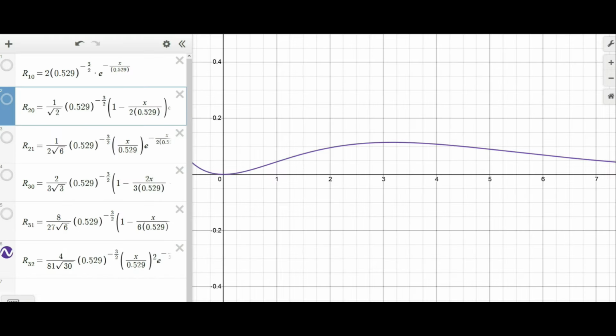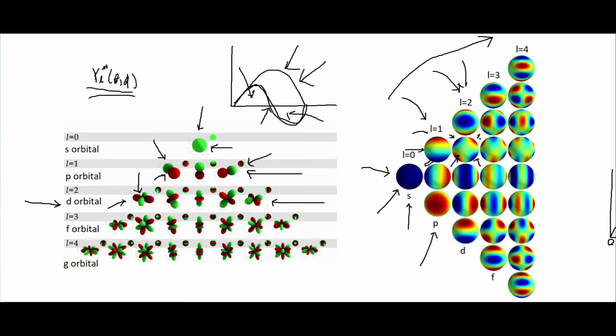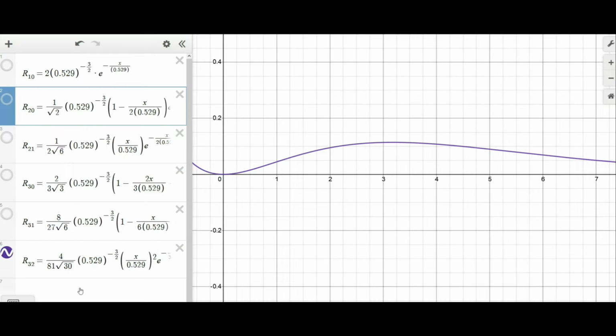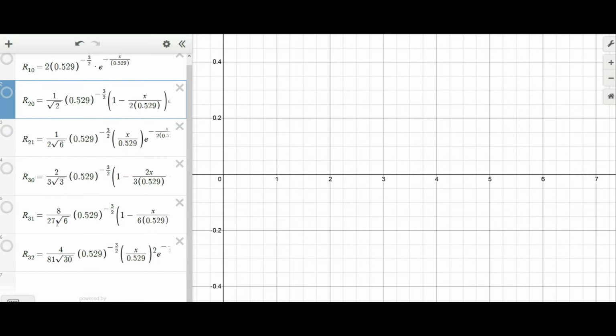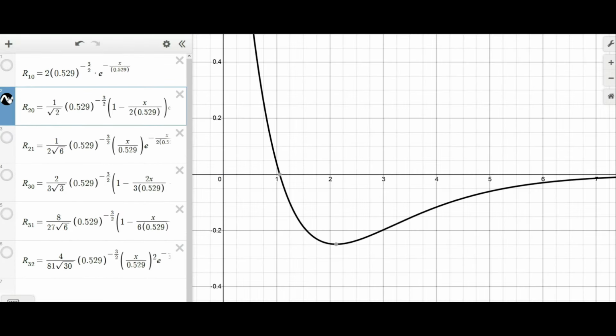In this, we're just looking at the radial part of it. But you can see how we end up getting this kind of lobe, but it's at 0 when we are at the nucleus, and that's what we see right here. And so, yeah, these are the radial equations here.